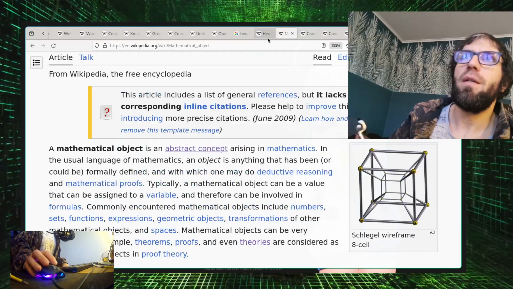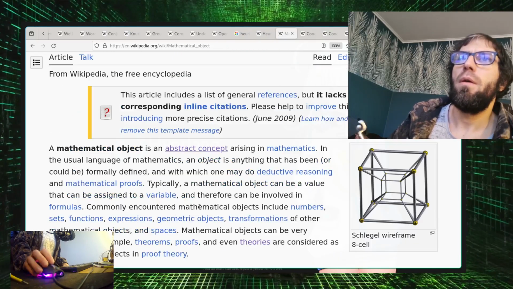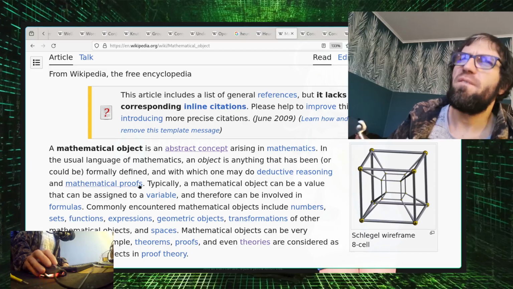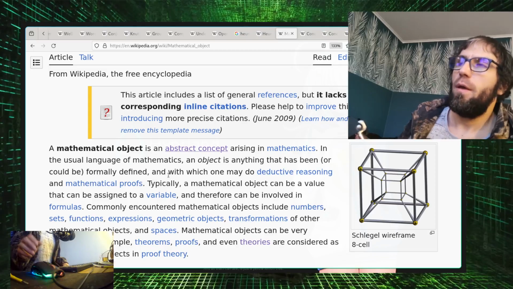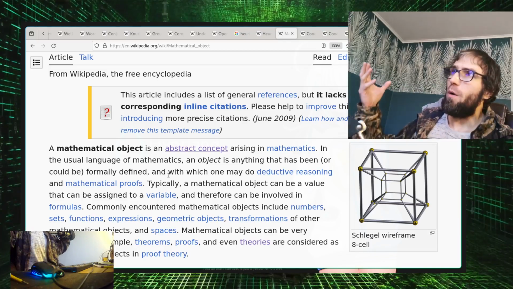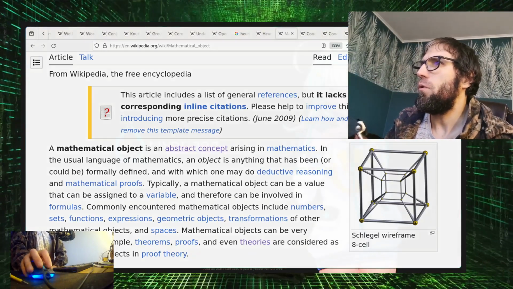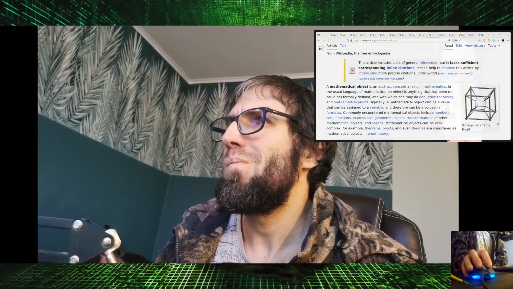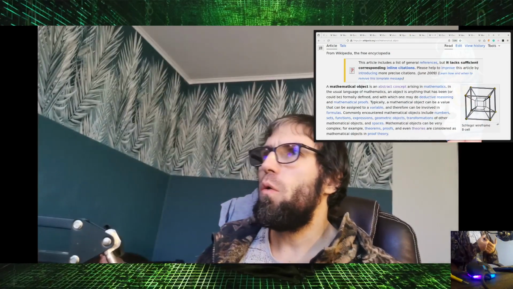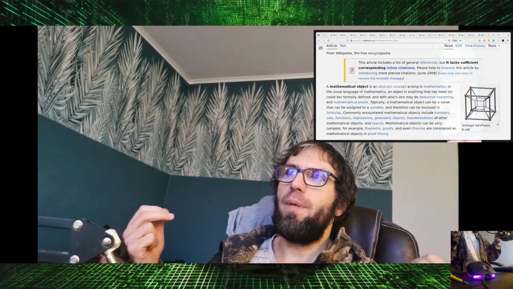But a mathematical object must be formally defined. And interesting, if we are talking about our thoughts, can all our thoughts be formally defined?